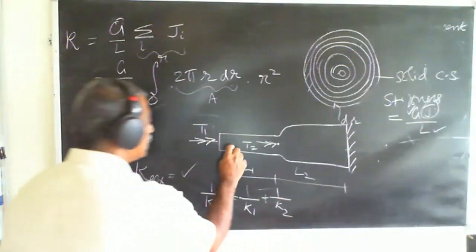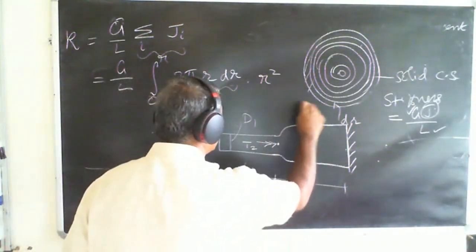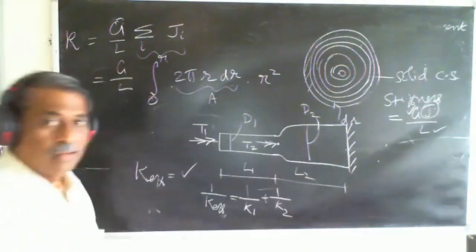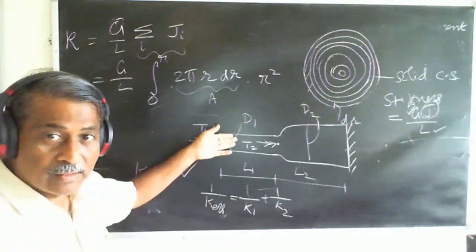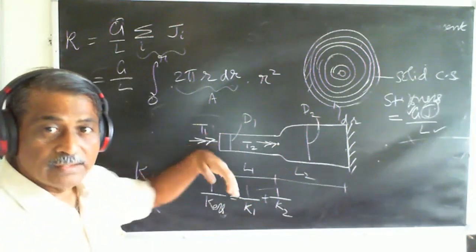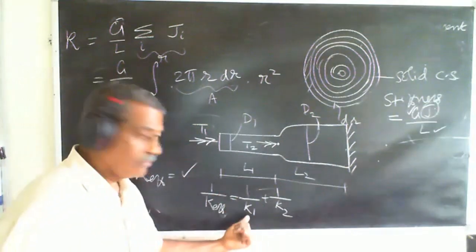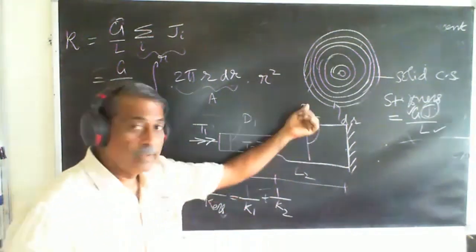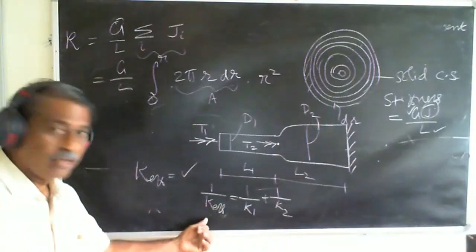If this diameter is D1 and this diameter is D2, I can find out J1, J2, right? GJ1 by L1 will give me K1, GJ2 by L2 will give me K2, from which I can find out K effective.